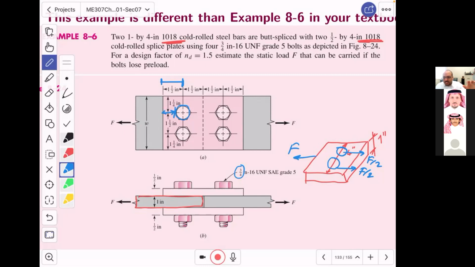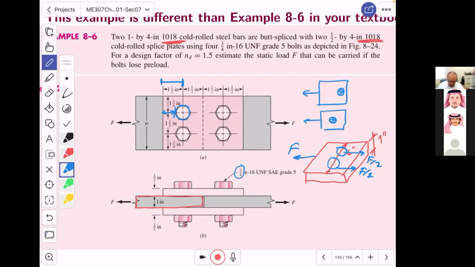Why? Because the edge shearing, you will see there is an equation for it, which is a function of how far the bolt is from the edge. And I think, ya shabab, you agree with me that this is very intuitive. Intuitive means we can feel it. Is that if you have a blade, just think about a blade, and you put the bolt in the edge, or you have another blade, and then you put the bolt in the middle, and you fix the bolt, you hold the bolt, and then you apply the load.